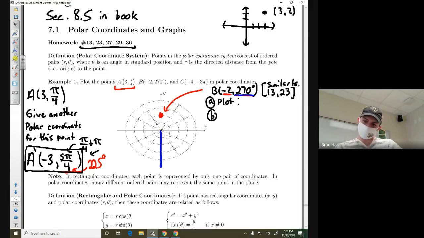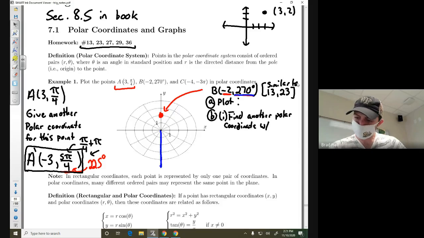B, find another polar coordinate with 0 less than or equal to theta less than 360 degrees.